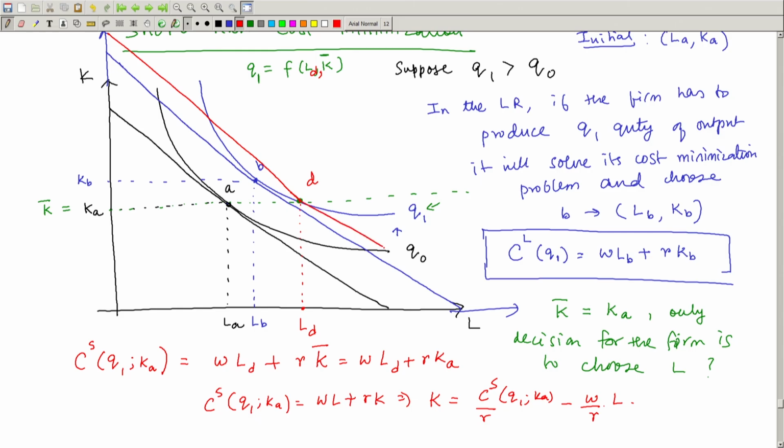That line, notice, is going to be at a higher cost level compared to the blue line. Well, the blue line is my C_L, right. That is the cost incurred by the firm when it could choose both labor and capital.